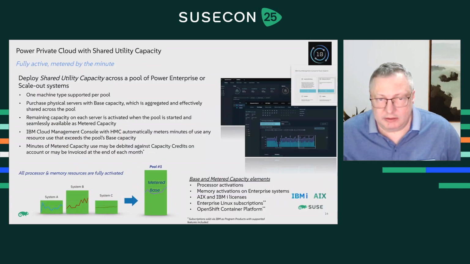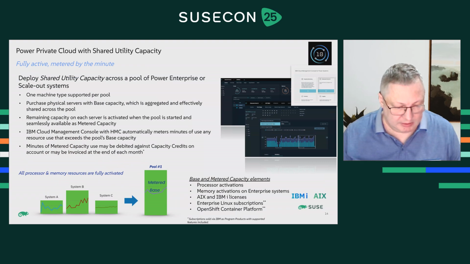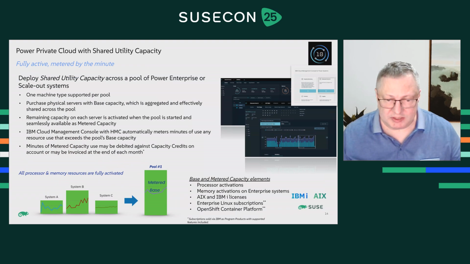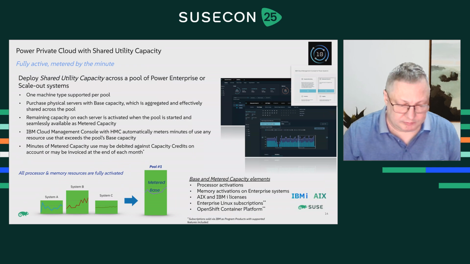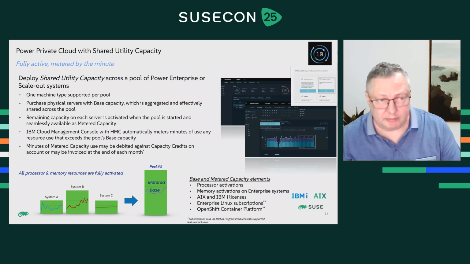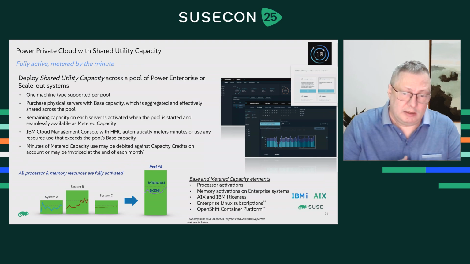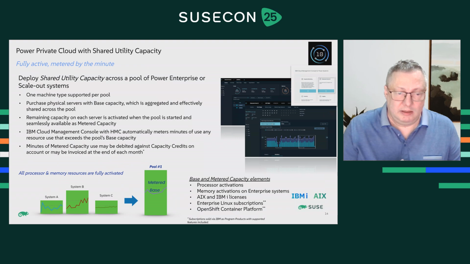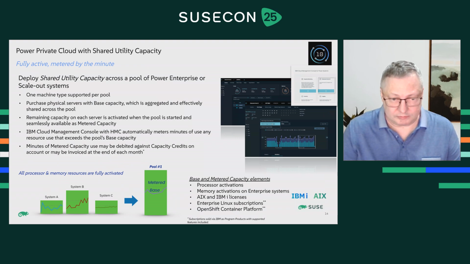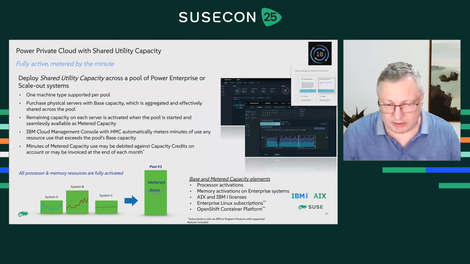Now I want to tell you about another one that is a very nice match for SAP and SUSE Linux. It's called Power Private Cloud with Shared Utility Capacity. It's a mouthful, but what that means is we are able to meter on the fly how much compute is being used by all the partitions in a cluster of IBM Power systems.